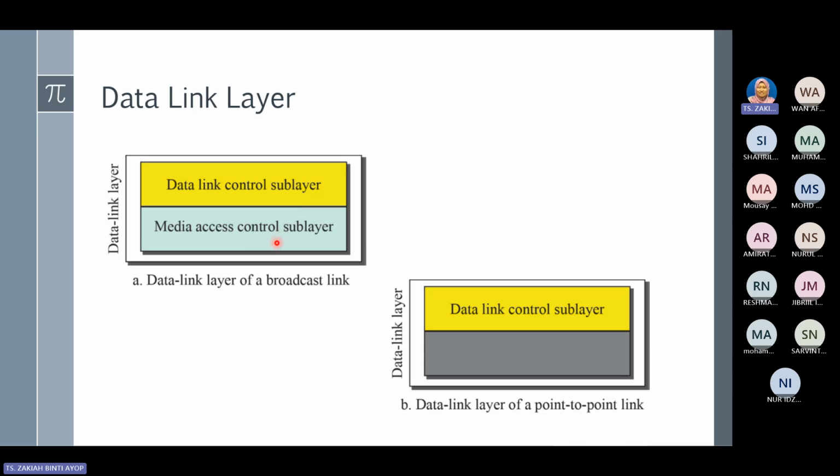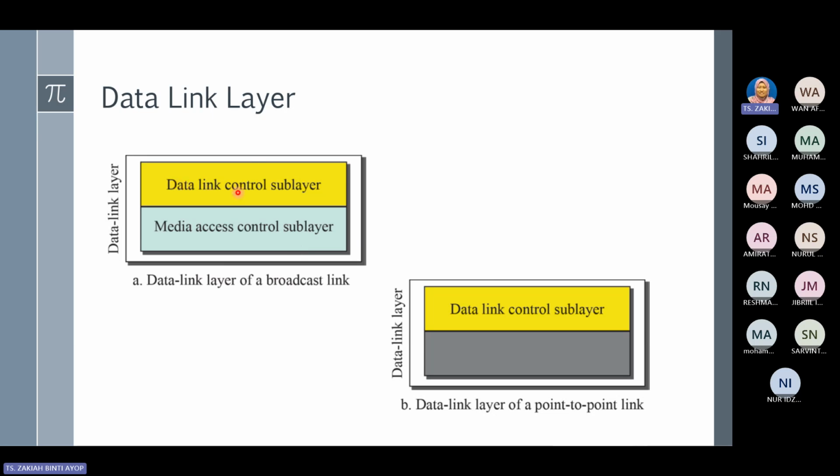This is not unusual because LAN or Ethernet protocols usually use the same strategy. The DLC sublayer deals with all issues common to both point-to-point and broadcast links, and the media access control sublayer deals only with issues specific to broadcast links.